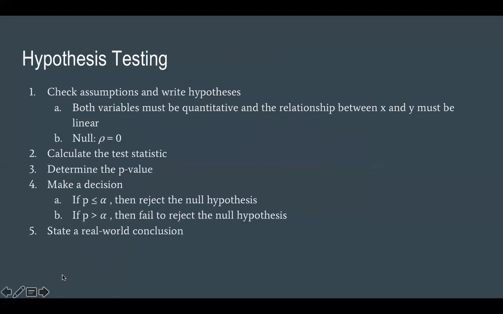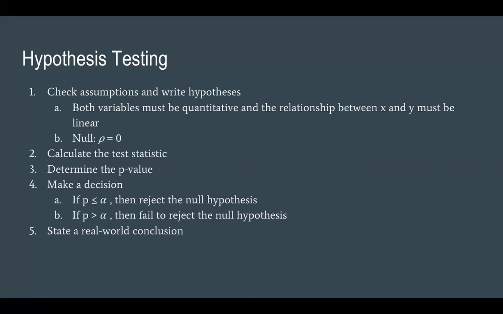For hypothesis testing, we have the same 5-step hypothesis testing procedure that we've done the entire semester. For correlation, we have a couple of different assumptions, but they're still generally the same. You first check your assumptions and write your hypotheses. Our assumptions are that both variables must be quantitative, and the relationship between x and y must be linear.